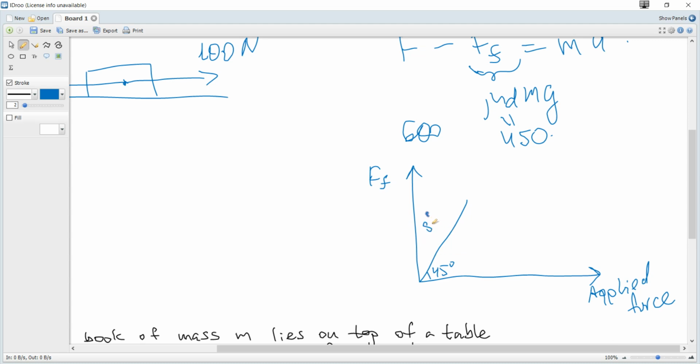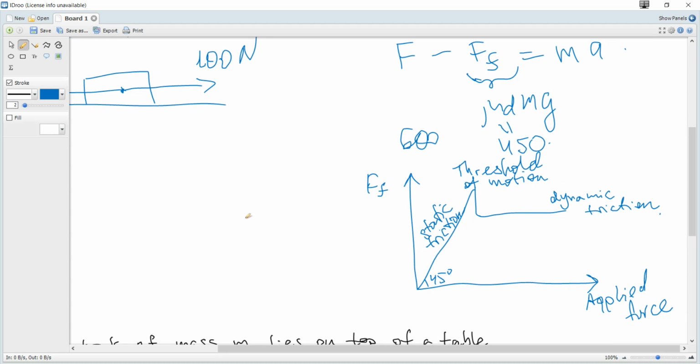It's called static friction, up to some moment of time, the threshold of motion, and then dynamic friction.